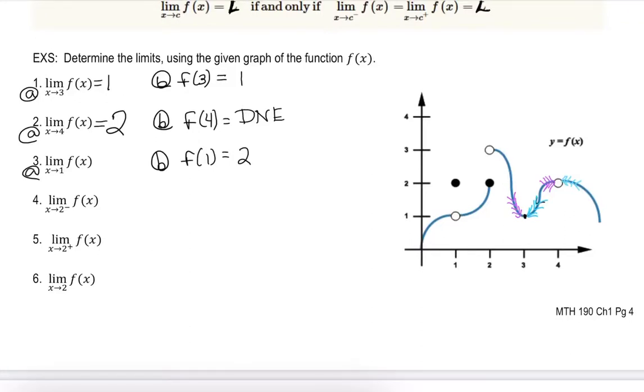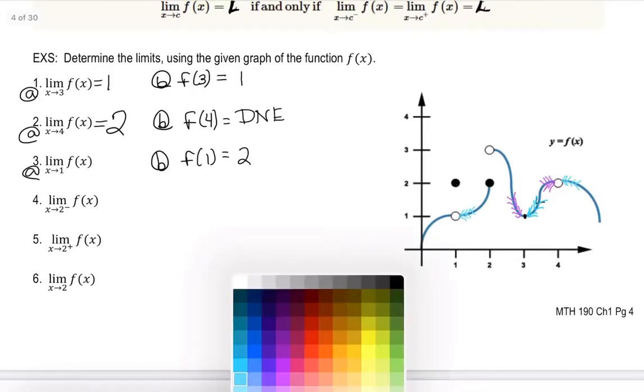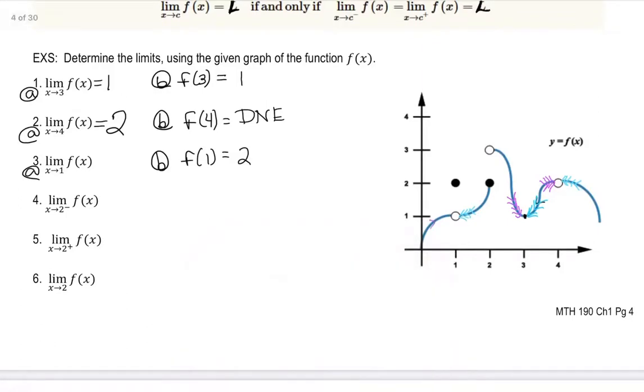As I get closer and closer to 1 from the right, and closer and closer to 1 from the left, it looks like my y values are getting infinitesimally close. I'm going to generate that little electric shock between my fingers at the y value I'm approaching. So that is my limit.